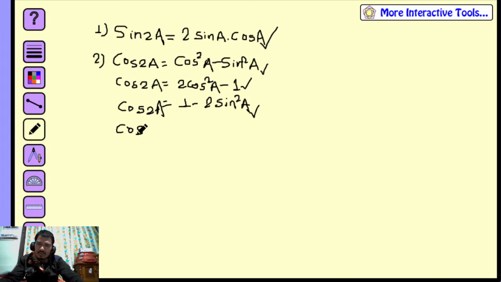And similarly, cos 2A will be asked to be written in terms of tan A. In such a condition, we have to write this one also, look here.